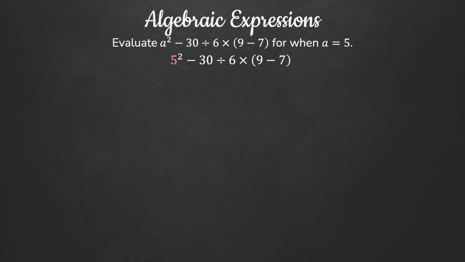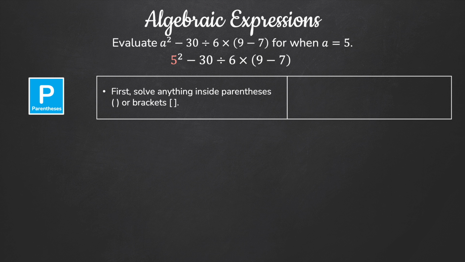And now we're going to use order of operations to help us evaluate this expression with the acronym PEMDAS to help us. So to start us off, we have P for parentheses, and first we have to solve anything inside of parentheses or brackets.